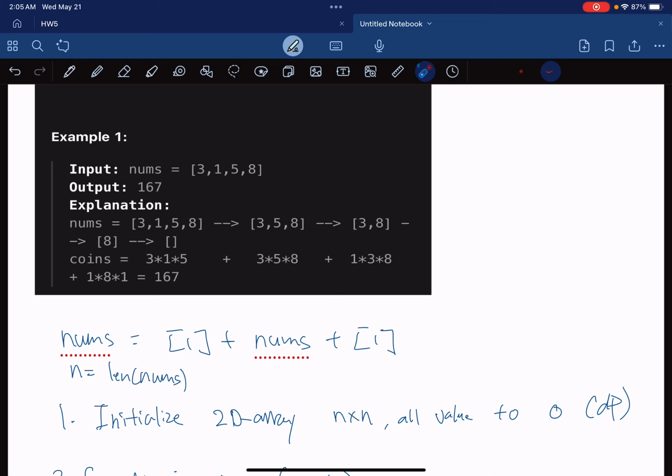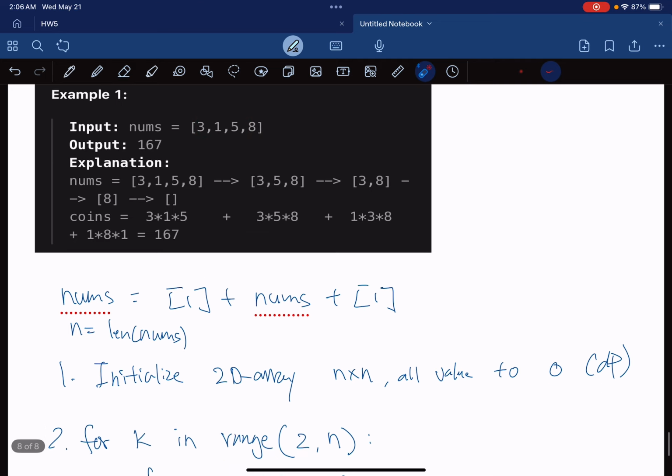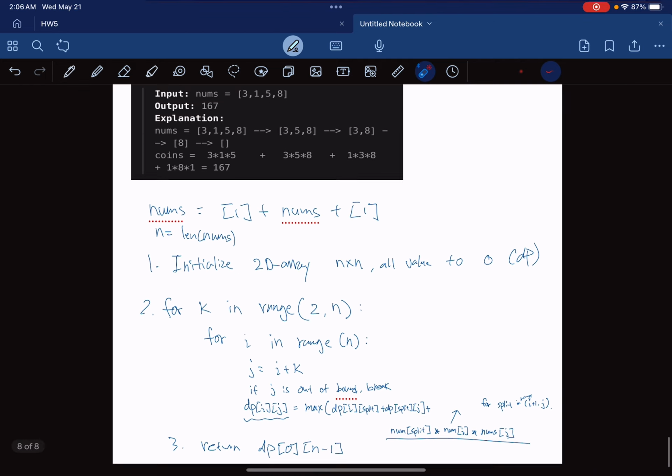In that way, we can just use the value of dp from the previous iteration, which would be available because the range of this would be shorter than the range of the whole thing. And as such, we would build the whole array.